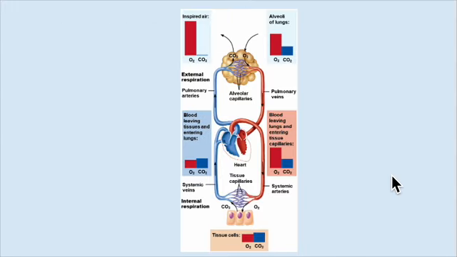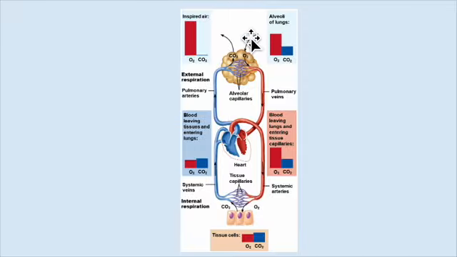So respiration is referring to this process of gas exchange. This happens in two major regions, if you will. External respiration is referring to gas exchange that occurs in the lungs, specifically between the alveoli and the capillaries that are associated with the alveoli.